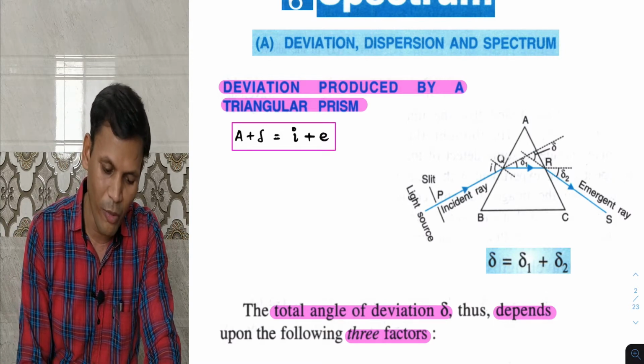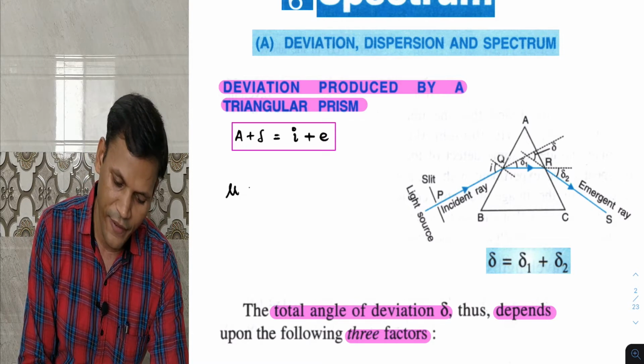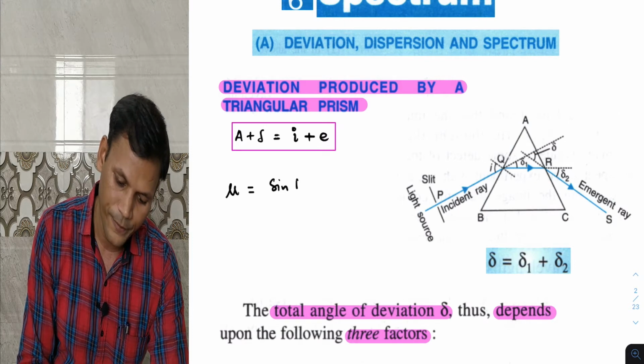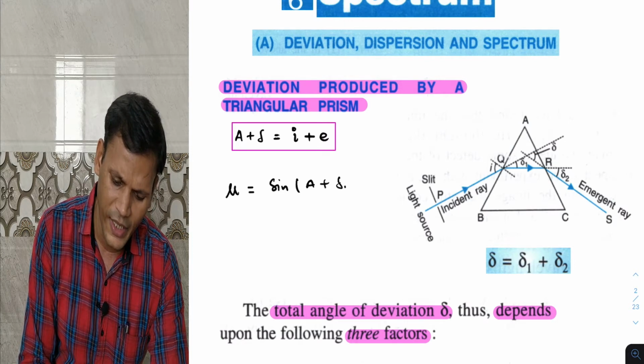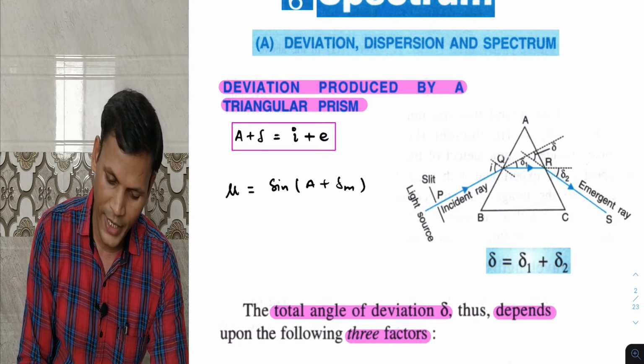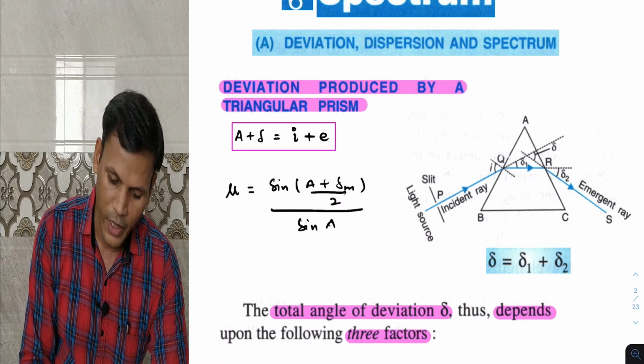One more formula we already know, which I can write. The refractive index of the prism is sine of (A plus delta m) by 2 upon sine of A by 2, where m is for minimum deviation.